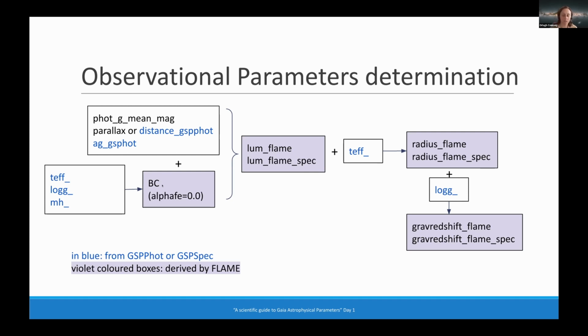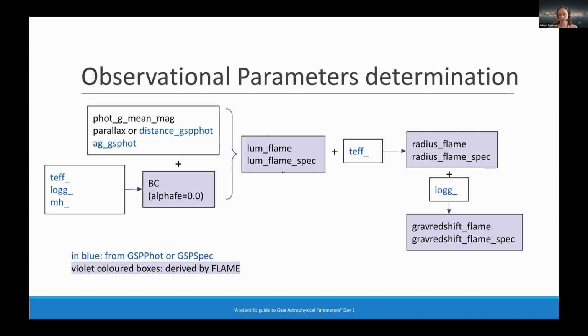The grid does include alpha over iron, but our assumption is alpha over iron equals 0, because GSP-Phot does not estimate alpha over iron, and we need to apply the exact same methods to both sets of data. Then using the G mean magnitude, and the parallax or the distance from GSP-Phot, I'll explain later which one we used, along with the extinction from GSP-Phot, we can calculate the luminosity using standard equations.